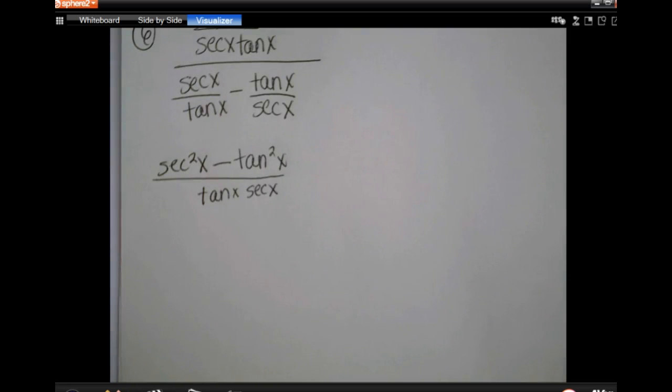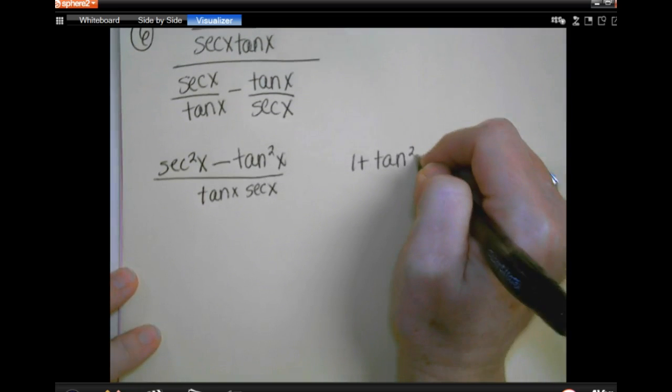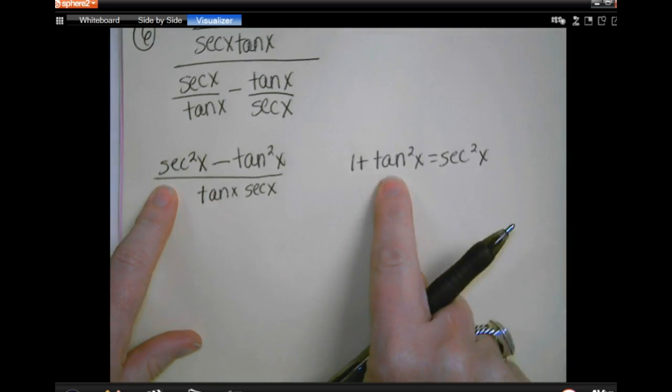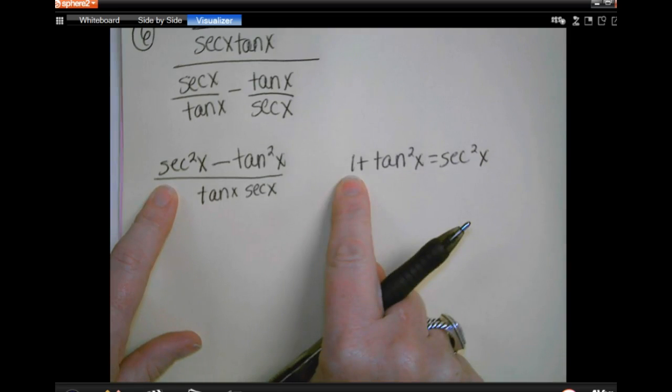So next thing I'm looking at really quick here is secant squared minus tangent squared. I don't have the identities memorized, but I know that is probably an identity somehow. If you look at your identities, the secant and the tangent go together: 1 plus tangent squared equals secant squared. So I have secant squared minus tangent squared, and what does that equal? 1.